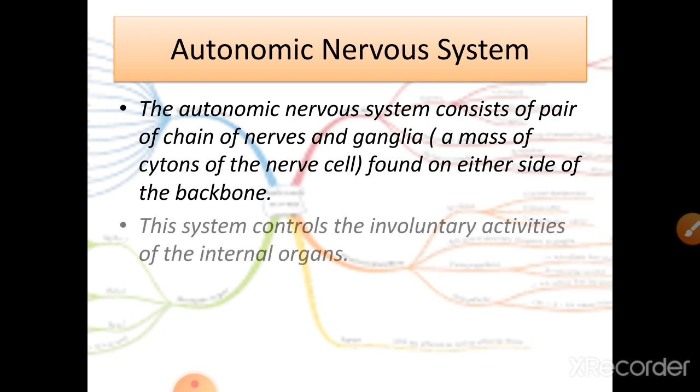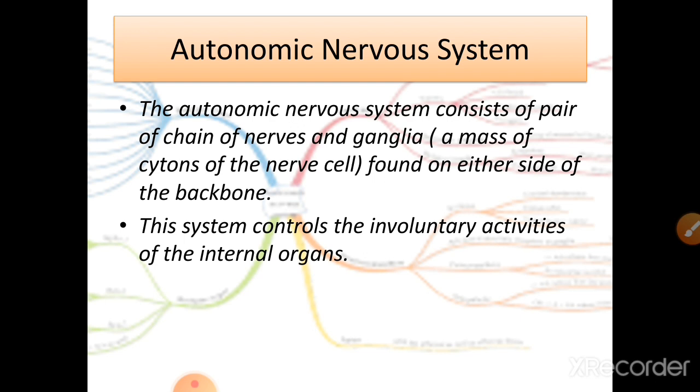This system controls all the involuntary actions of the internal organs. All the involuntary activities like beating of the heart and respiration are controlled by the autonomic nervous system. Your internal organs are doing their own function, but they need a control, like the CPU of a computer.